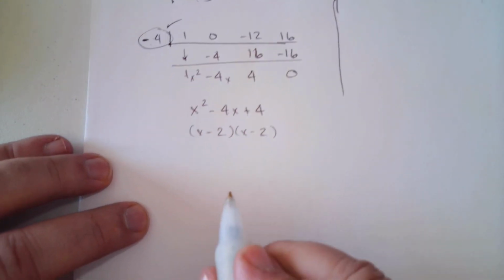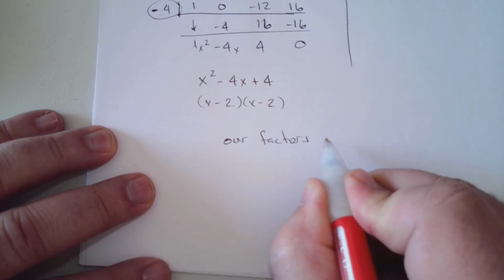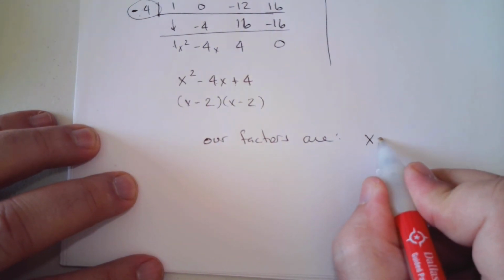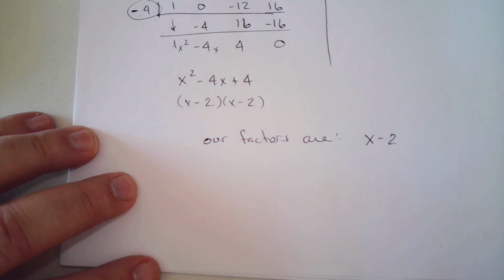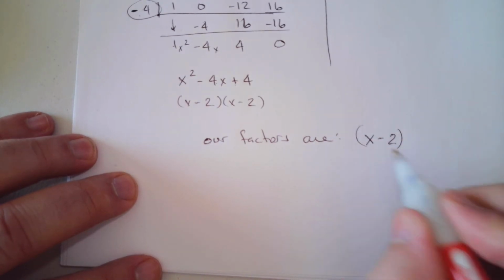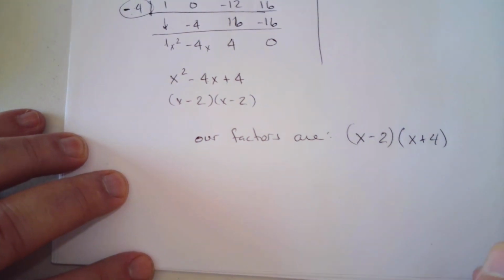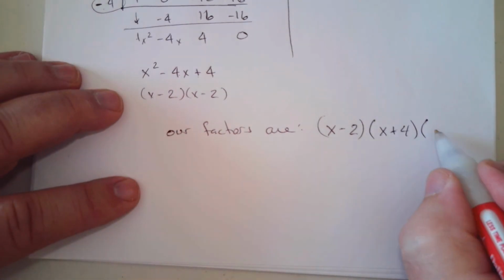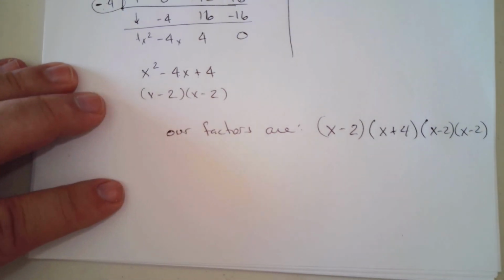So our factors are x minus 2, x plus 4, x minus 2, x minus 2.